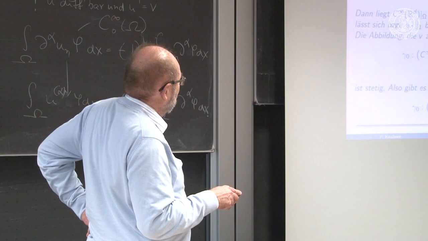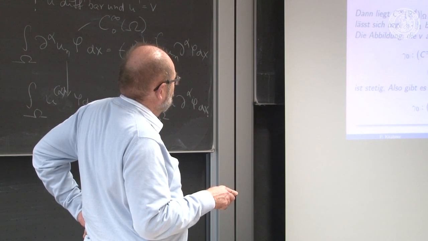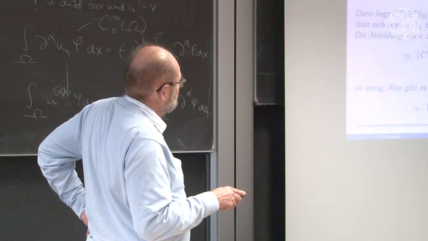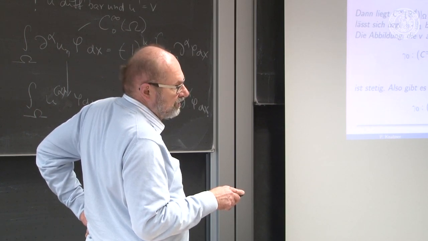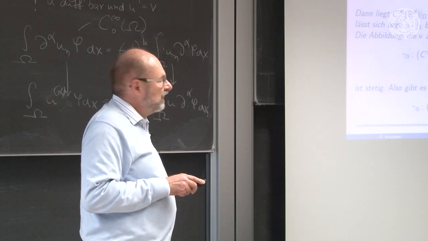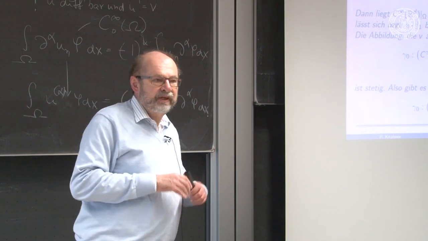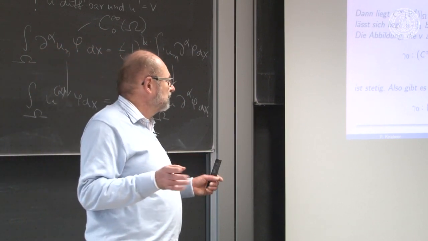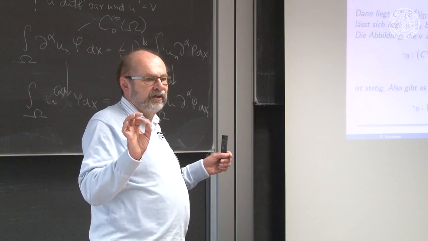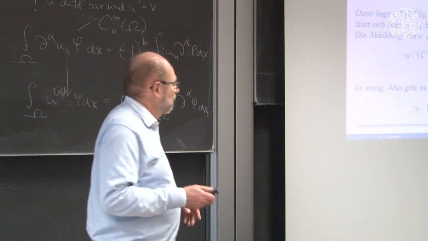As this sequence of smooth functions is converging, also the image sequence is converging to something, that is the continuity of the mapping, and this something is now the candidate to be the image under the extended operator. And the only thing which I have to make clear, a minor technical point, is that if I take different sequences to approximate the element I'm looking at, of course in the end I have to end up with the same trace. This is the only thing one has to think about.